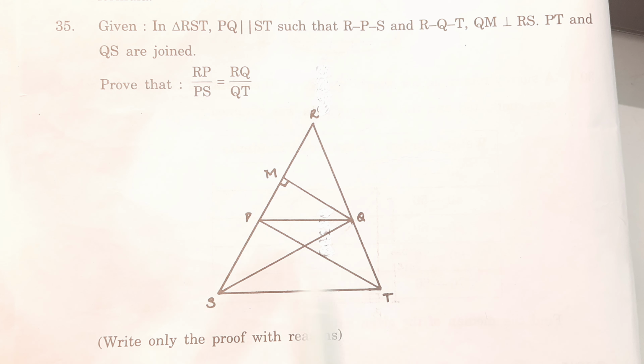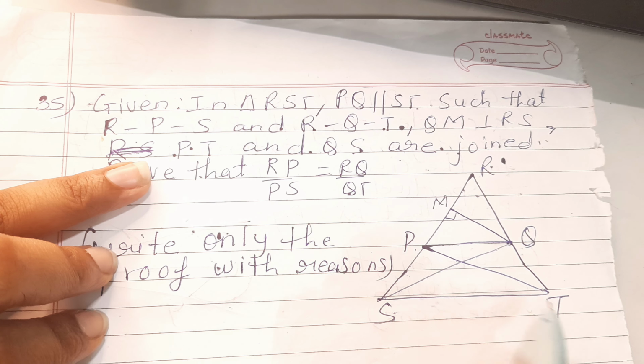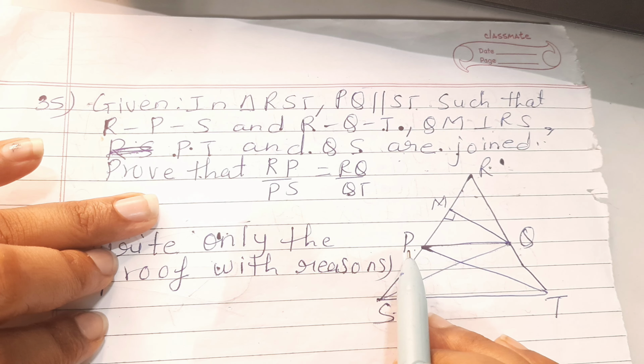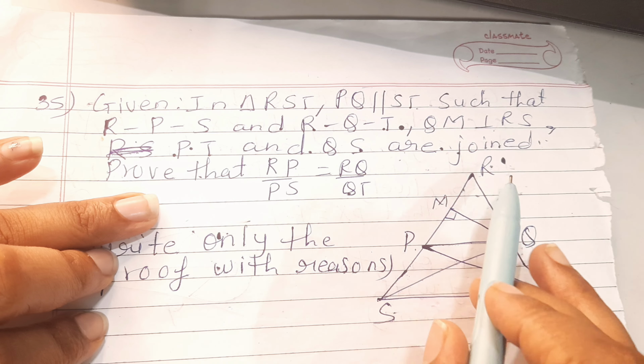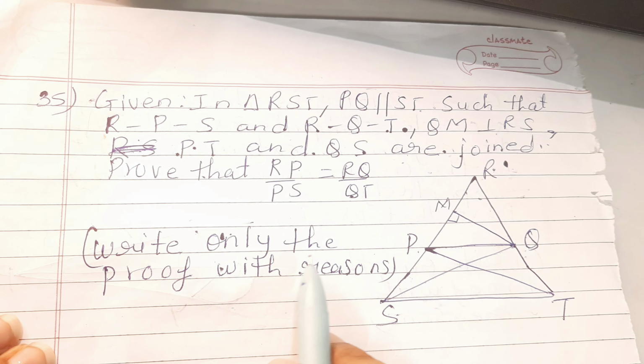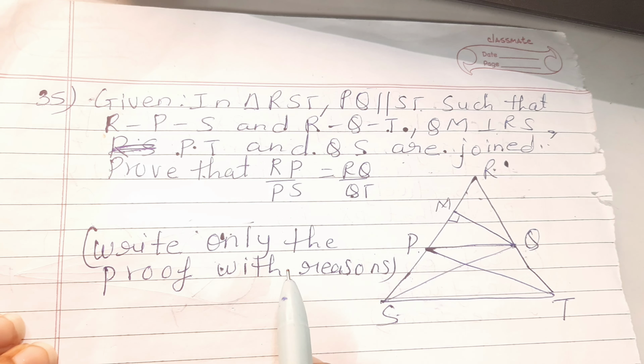Here this QM is perpendicular to RS and your PT and your QS, they are joined. Over here you can see SQ is joined and PT is also joined. We are supposed to prove that RP upon PS is equal to RQ upon QT. Okay, write only the proof with reasons.